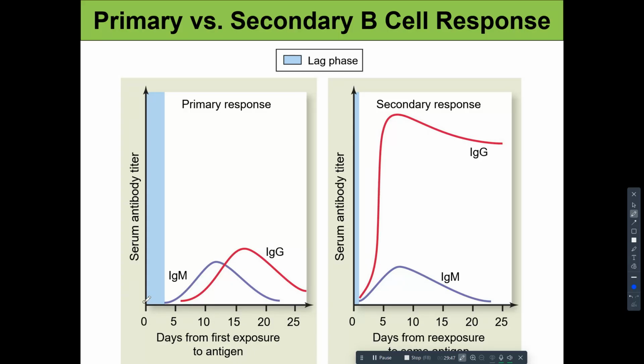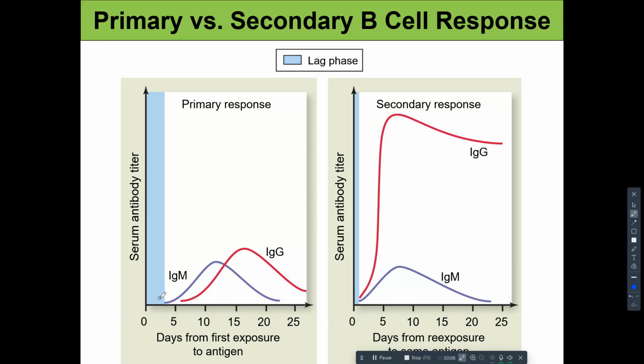And exposure happened at day 0. Then it's not till about a week before the IgGs start getting made, after another variety of antibody. This is called the lag phase.